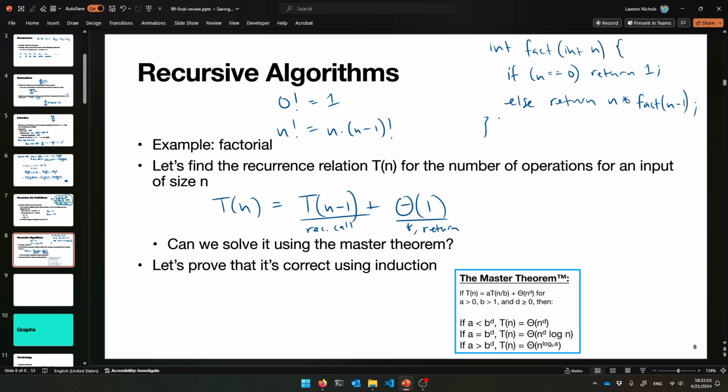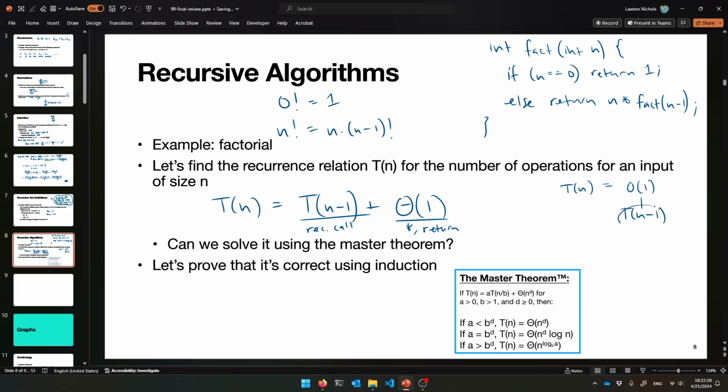And we can solve it with a tree, like T of 0 is 1. It'll eventually stop. Like you can say, alright, what's T of n? Let's solve this. Well, it's equal to constant work at this level plus however much work it takes at the level below it, T of n minus 1.